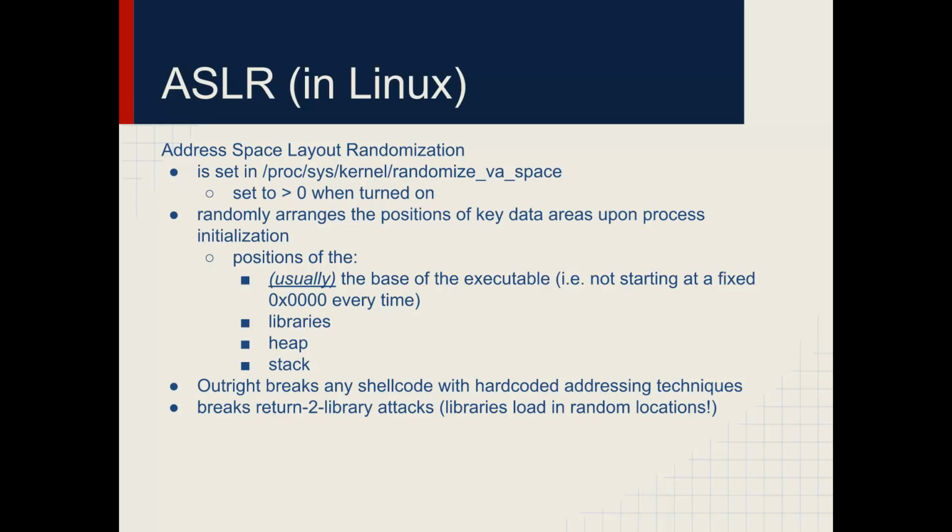This technique, ASLR, is very effective and outright breaks any shellcode with hard-coded addressing techniques. It also breaks return-to-library style attacks unless you have a memory leak into the library.